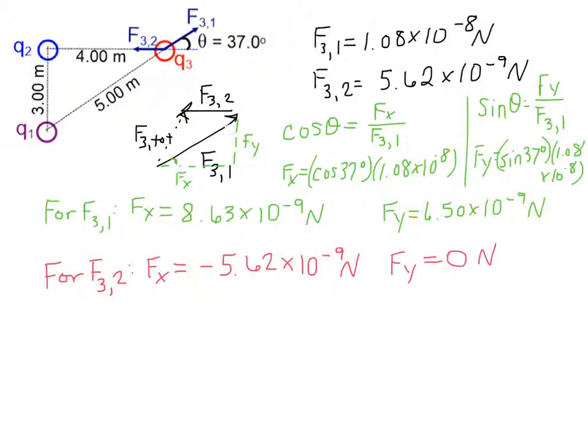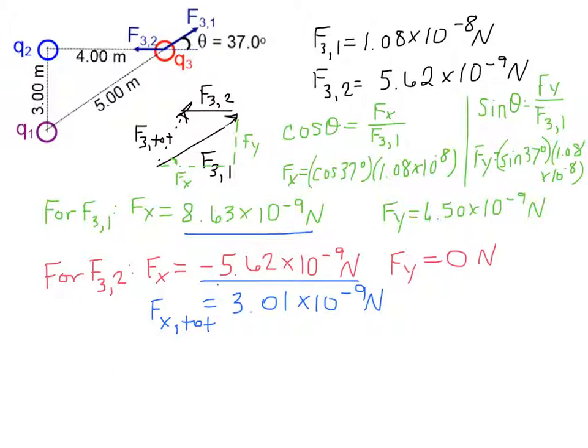F of y equals 0 newtons because there is no y component to this force vector. Now I'm ready to add these together to get my total force on charge 3. I am going to add for my f of x total this f of x and this f of x, which is actually 8.63 times 10 to the negative 9th minus 5.62 times 10 to the negative 9th.